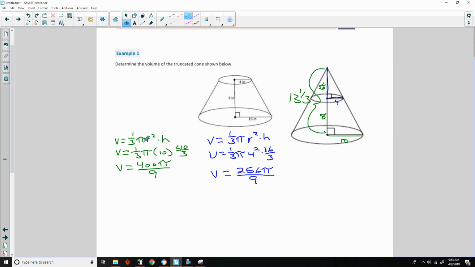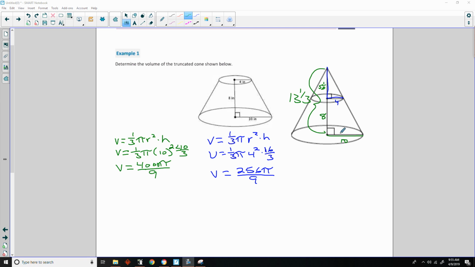Okay, I've just noticed something here. I did not square the radius, which is 10 here, so that's 100, so that should be 4,000. Okay, 4,000. So we have 4,000 pi over 9, and I did square the 4 here and got 16. 16 times 16 is 256 pi over 3 times 3, which is 9.